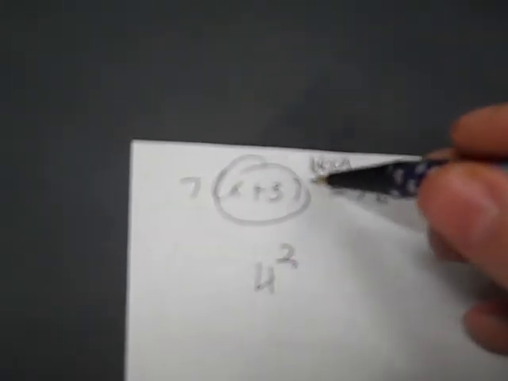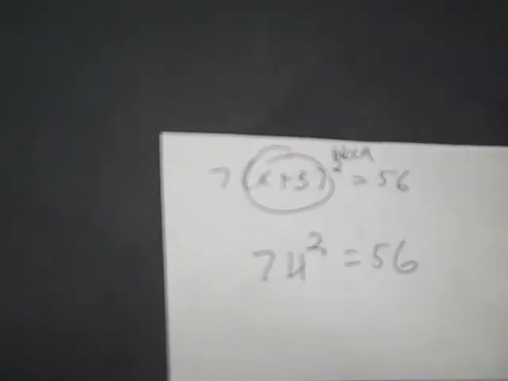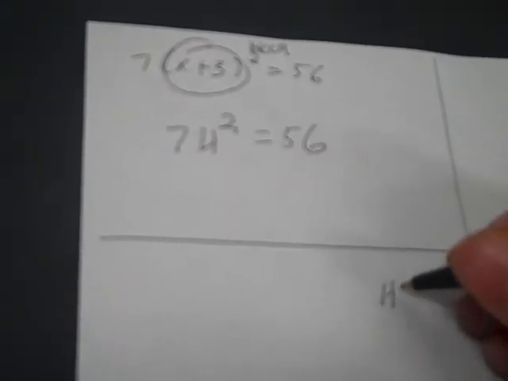Okay, backside. Again, the block is on because the power's there, so you rewrite that equation with h to the second. You always put the second because that's why it's blocked. Okay, and you have a 7 in front. And then after the second, you don't have any adding or subtracting to that. It's equal to 56. So it's a much simpler looking equation.